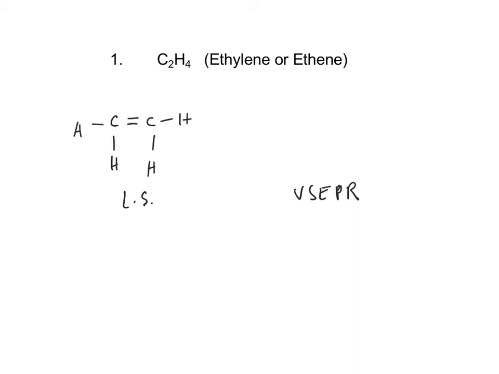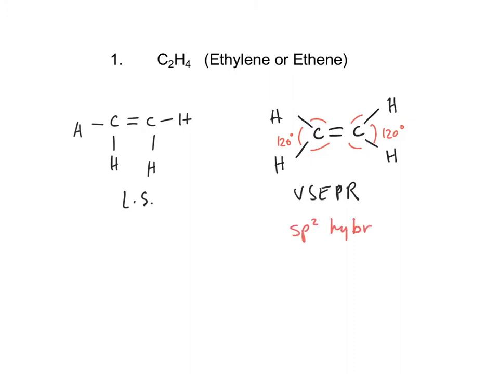That's the trigonal planar geometry, and it's going to be sp2 hybridization. And maybe you have memorized that 120 degrees means sp2 hybridization. So 120 degrees all the way around here. So it's going to be sp2 hybrids.